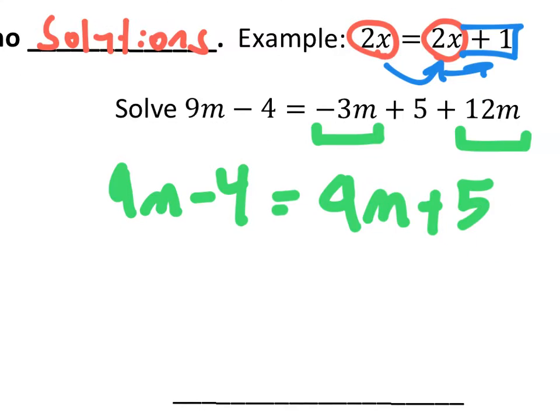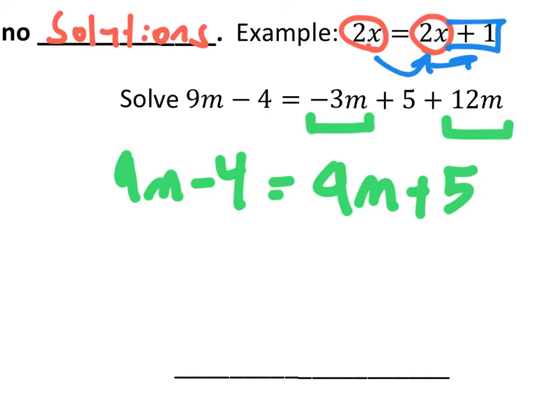These are a little harder to spot, but what will denote when you have no solution is that you have the exact same variable term on each side, but then it's paired with a different constant. I have 9m and 9m, however, one of them is paired with a negative 4, the other one's paired with a positive 5.